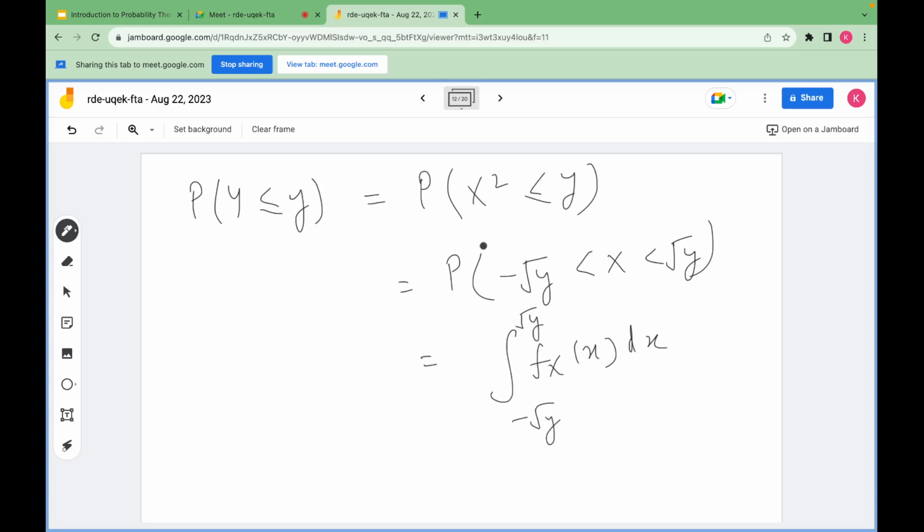You can try the second method which I told earlier. I will just show the results of this question. Now this is from minus root y to root y. Now we will separate this limit, because we know up to 0 the function is different, and from 0 it is slightly different.